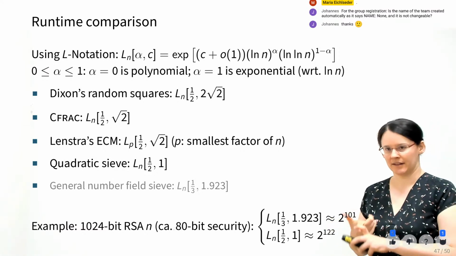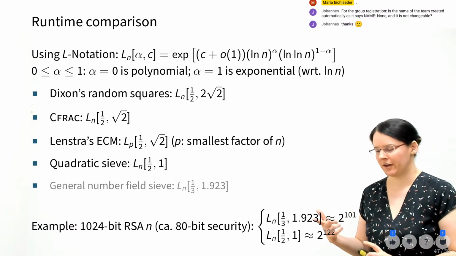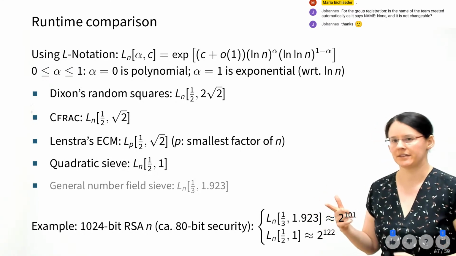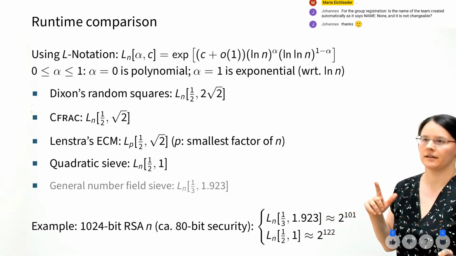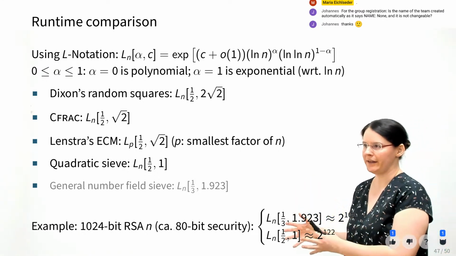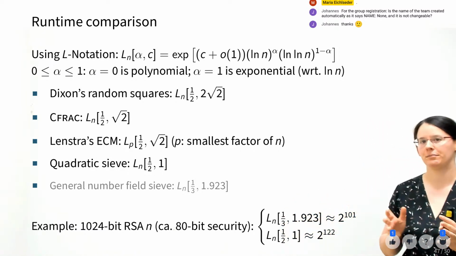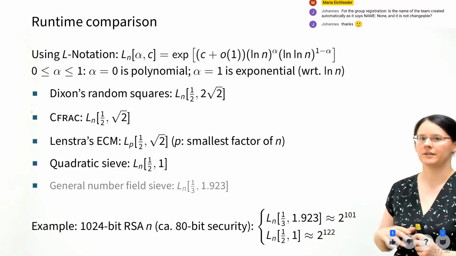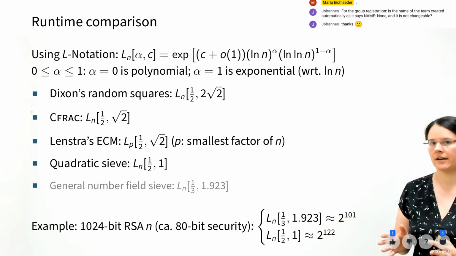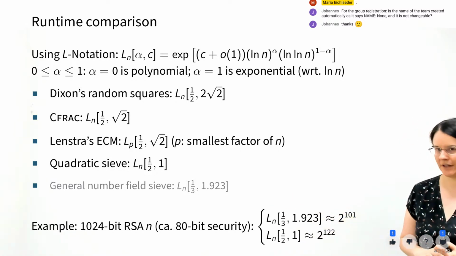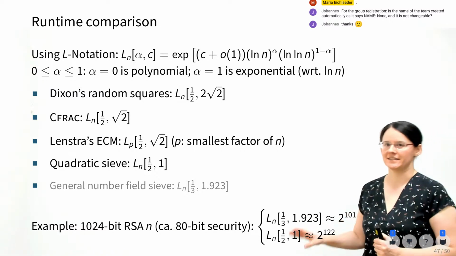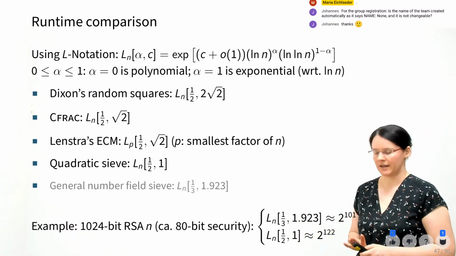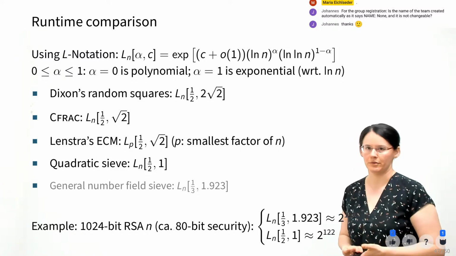And second, it includes a sort of factor that compares RSA evaluations with arithmetic operations, because these runtimes here are relative to the number of arithmetic computations, whereas RSA in itself needs quite a number of arithmetic operations.